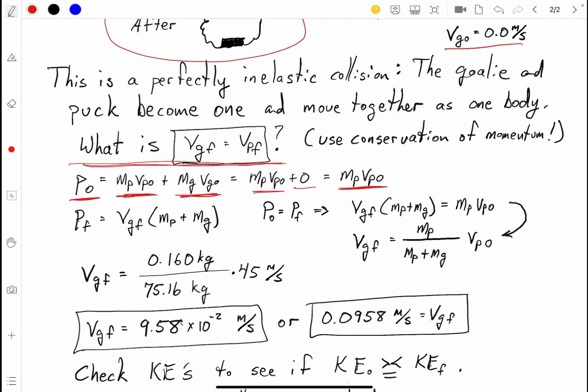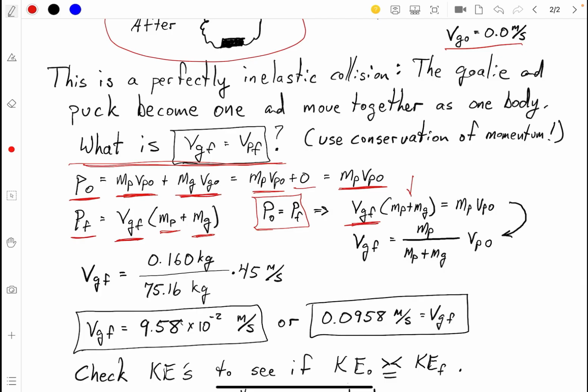Okay, fine. Now, what about our final velocity? Well, we've got our VGF, because I want to do the velocity of the goalie finally. And then it's the total mass. So it'll be the mass of the puck plus the mass of the goalie. Now, these two things have to be equal. Okay? Have to be.